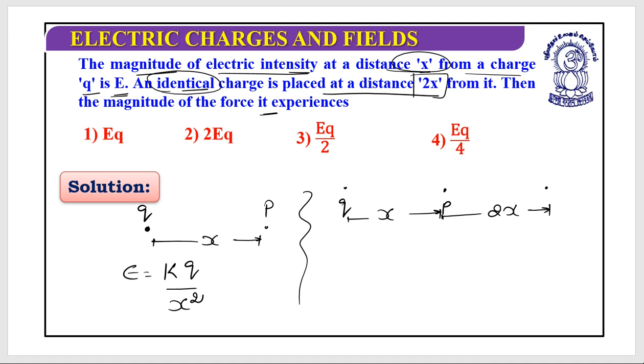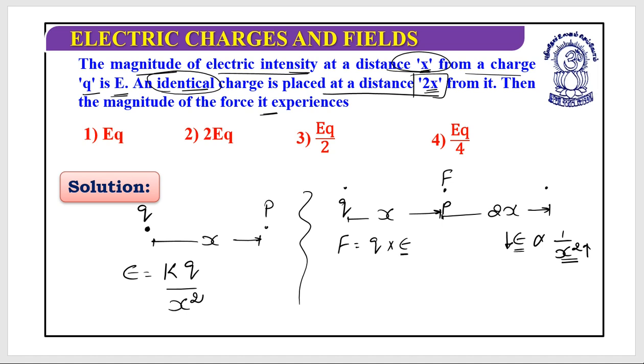Now you require to find out the force on it. So what I know is F is equal to q into E, and E is inversely proportional to the square of the distance. So now your distance is double. As the distance increases, the electric field decreases.